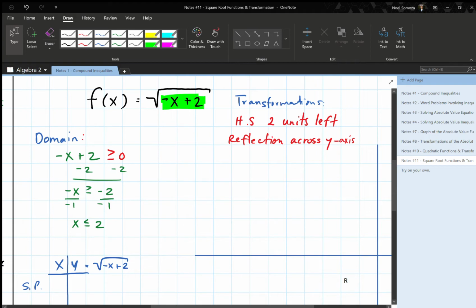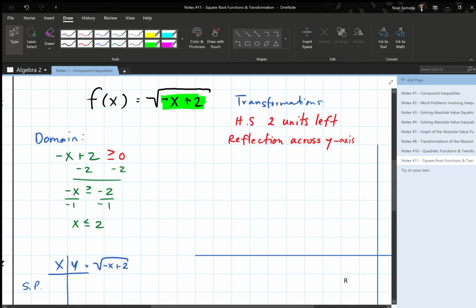Would it be negative 2, 0, or would it be 2, 0? Why 2, 0? It's a special case. We talked about this last time. There's a reflection across which axis? Y-axis. So when there's a reflection across the y-axis, what's the two-word combo that we use? It's a keep, because this caused us to flip across. So now that starting point, which normally would have been here, got flipped across to the other side.